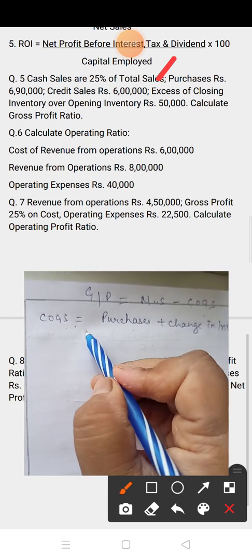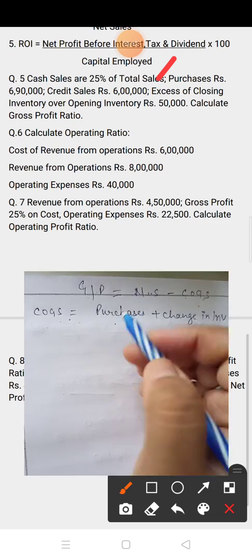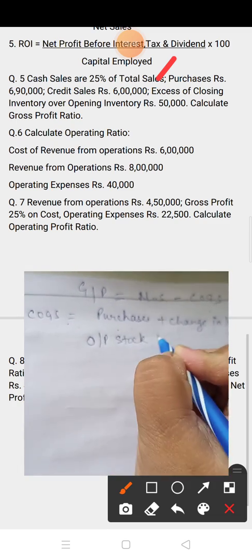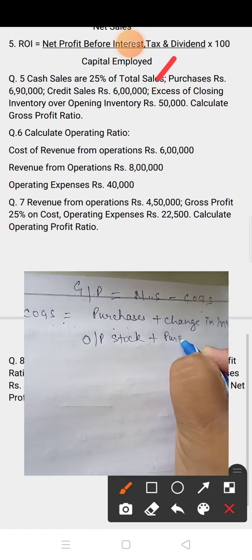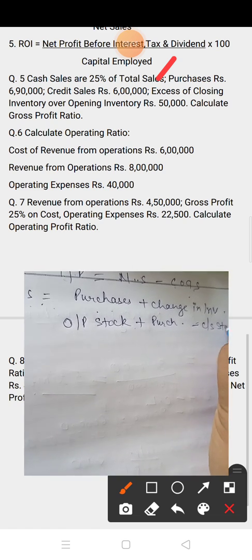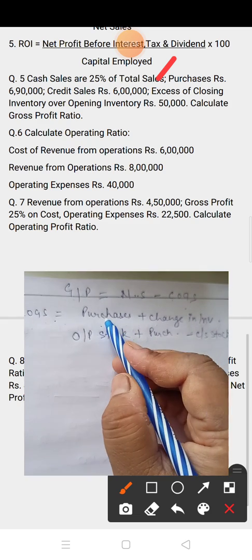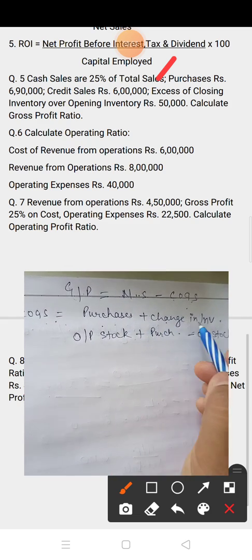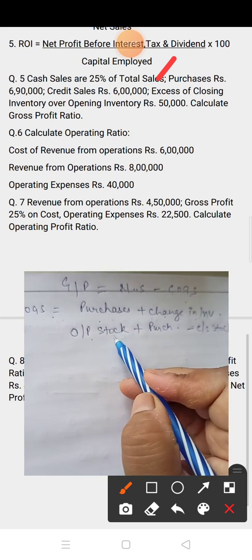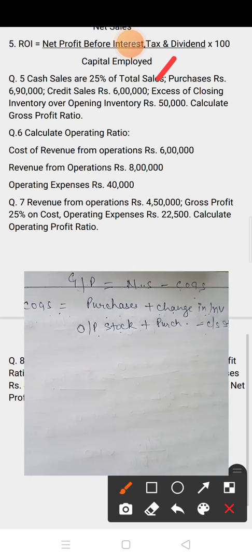For cost of goods sold, you can apply the formula opening stock plus purchases minus closing stock, or you can apply this formula purchases plus change in inventory. Here change in inventories means opening stock minus closing stock.